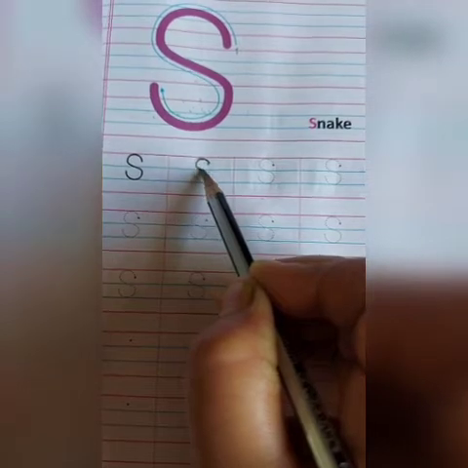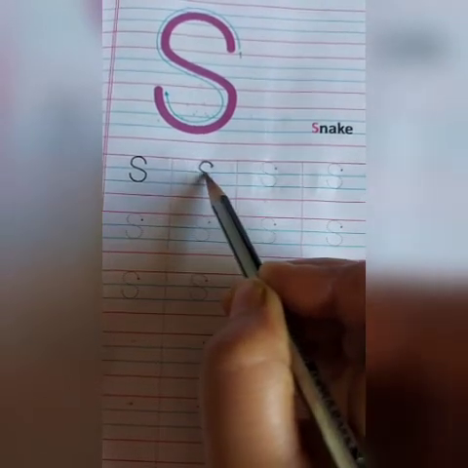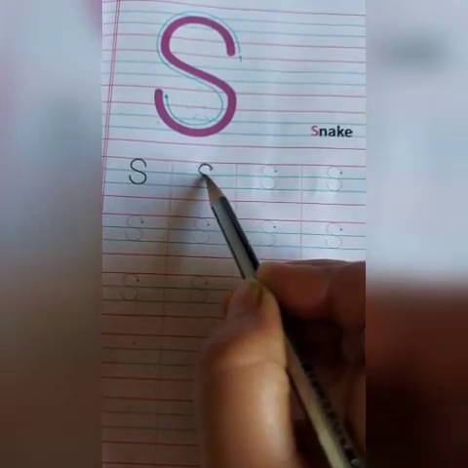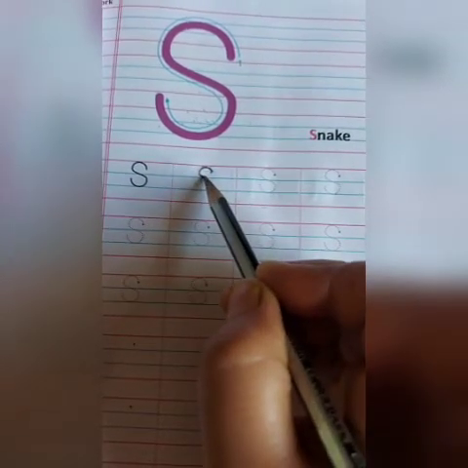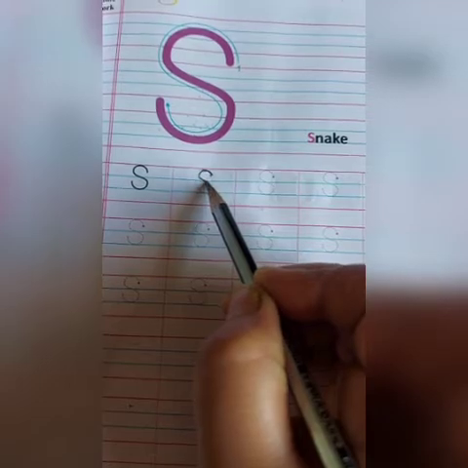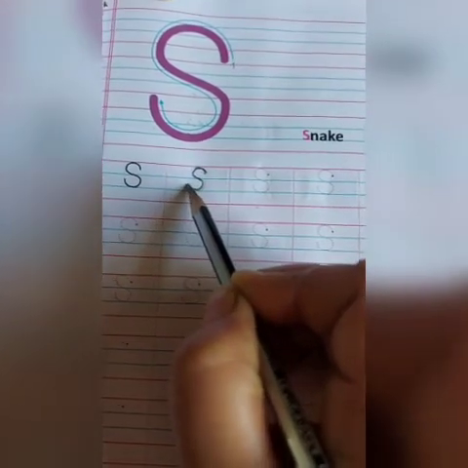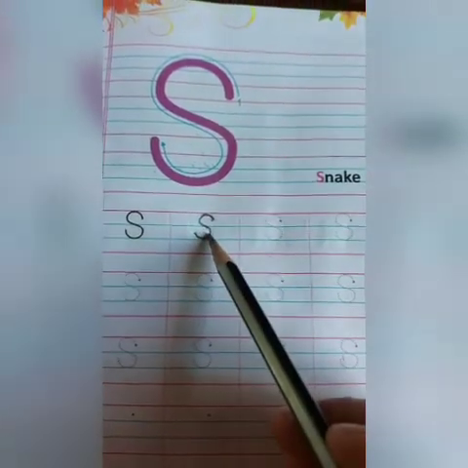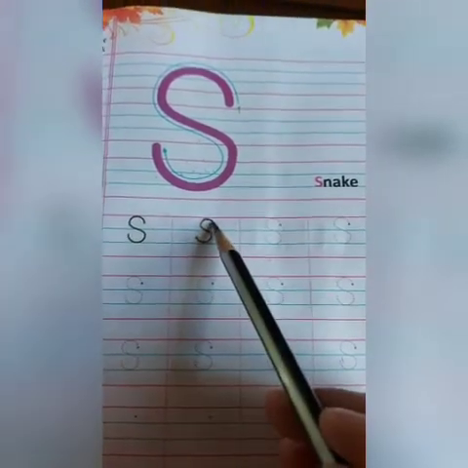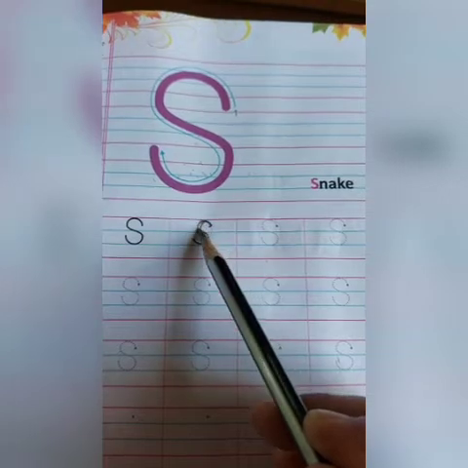Draw a curve from red line to blue line. This is left curve. Draw another curve. This is right curve.